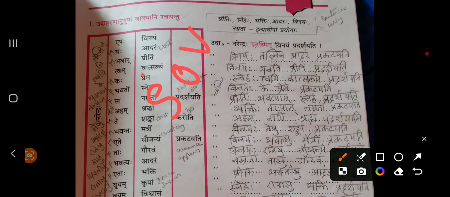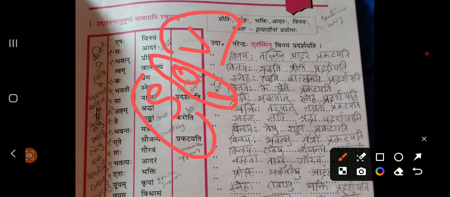And this subject won't change, it will be as it is, and this object we need to convert into either Shashti form or Saptami form. Since this lesson is entirely talking about Saptami Vibhakti form, we need to convert this object into Saptami Vibhakti. Dual or singular or plural, that you need to analyze and fill. And verb has to be either in third person or second person or first person.